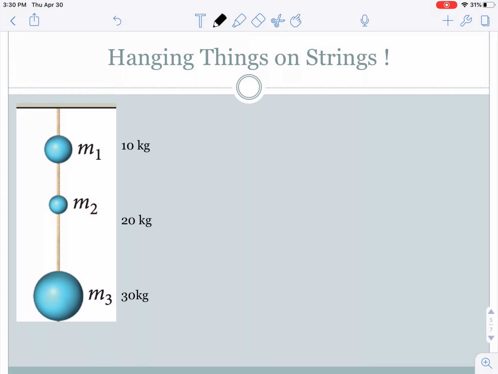So, this first one, we have 3 masses hanging on a string. We know that F net is equal to 0 because it's not moving at all. Here we have FT1, FT2, and FT3.